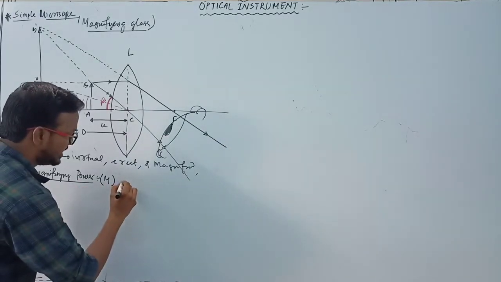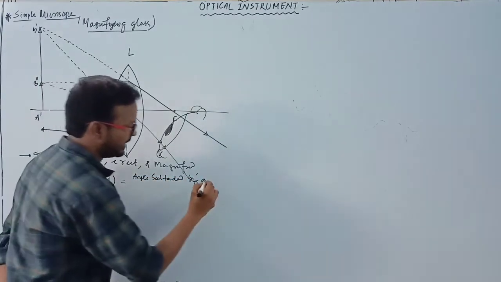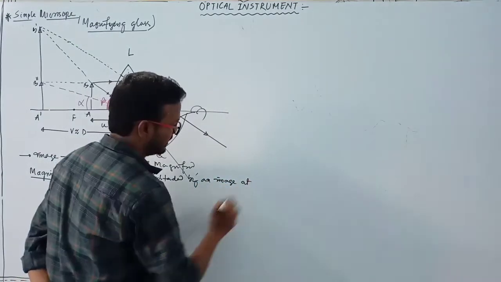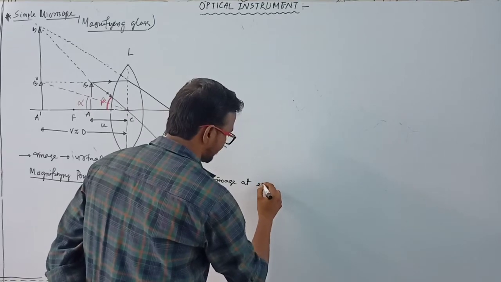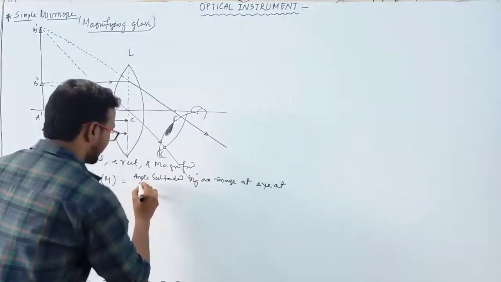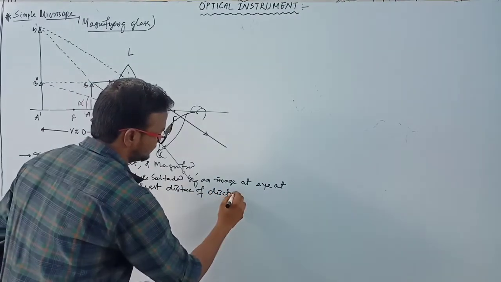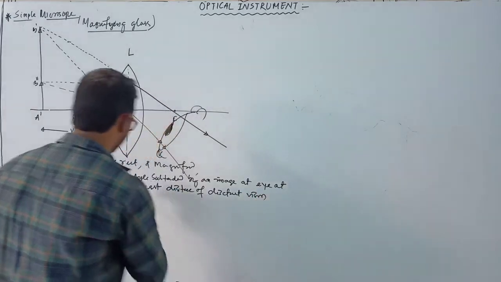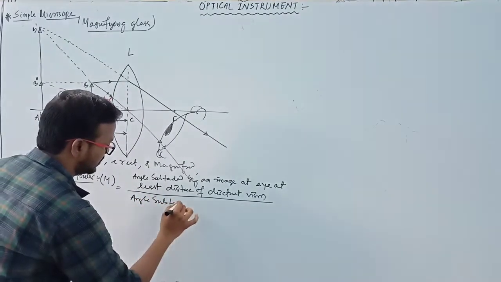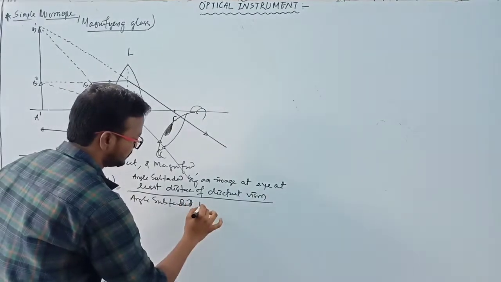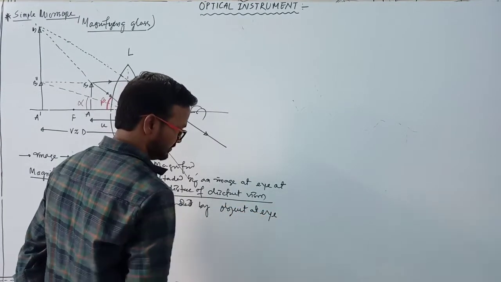So magnifying power is the ratio of the angle subtended by an image at the eye at the least distance of distinct vision, divided by the angle subtended by the object at the unaided eye at the least distance of distinct vision.